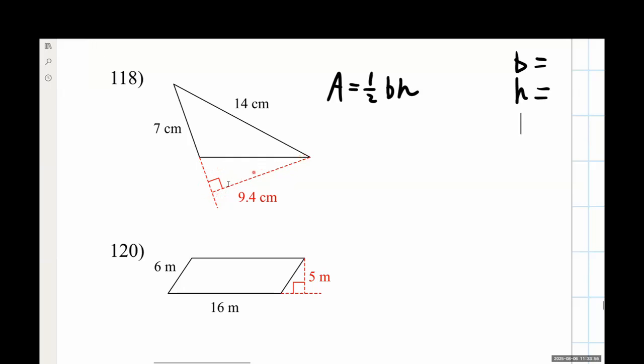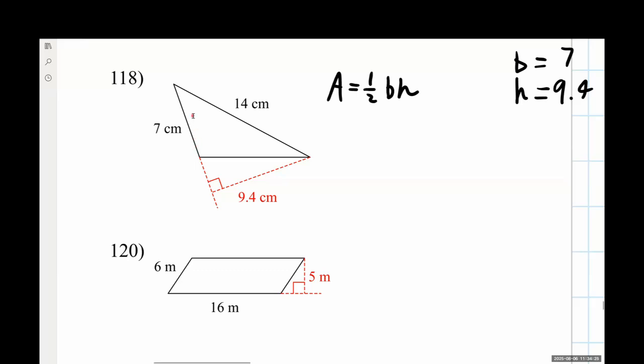Well, I'm noticing that this line goes up to a point here, a vertex. That tells me that my height is going to be 9.4 centimeters. And I can just fill that in right off to the side. The side that it would be touching at the bottom here is going to denote the base. So I have a base of 7 for this particular problem.